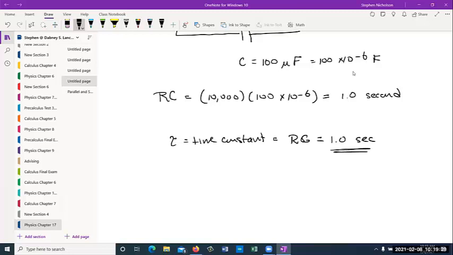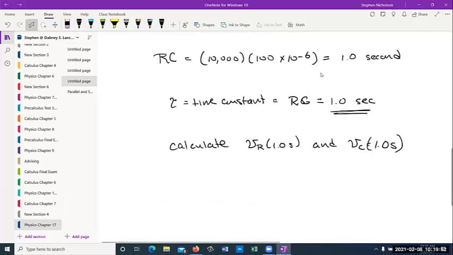So what does that mean? Well, let's calculate the voltage across the resistor at 1 second and the voltage across the capacitor at 1 second. Let's see what they are.